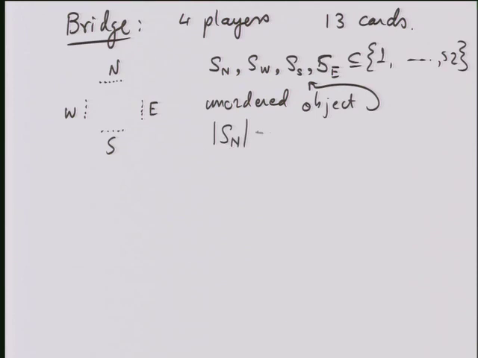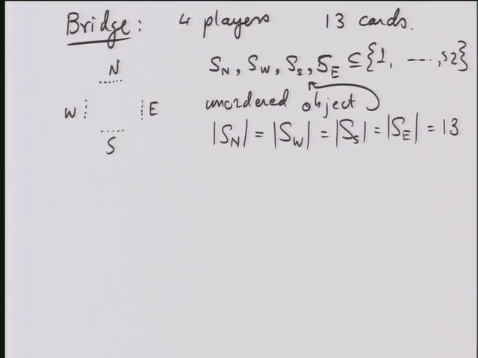So each set has exactly 13 elements in it. We start with a set of 52 elements, and then we create 4 sets, each of 13 elements, the disjoint sets. We partition it into 4.